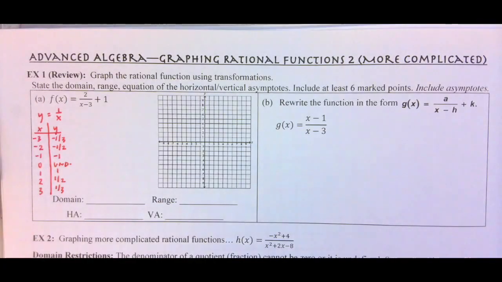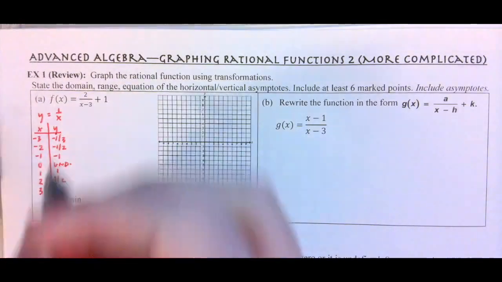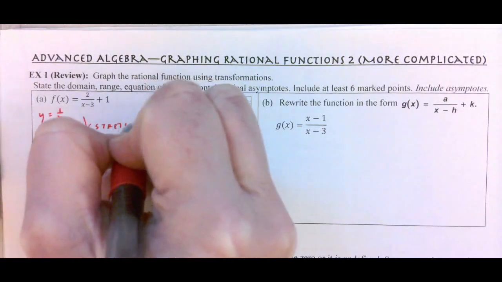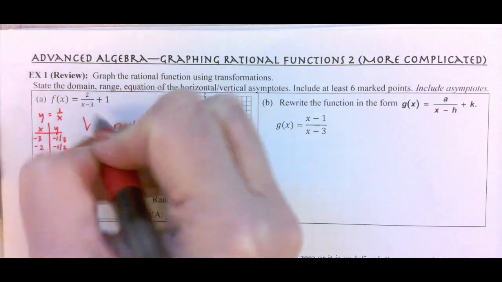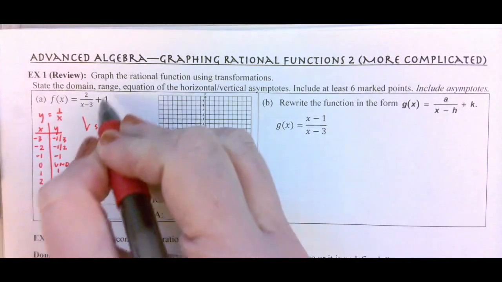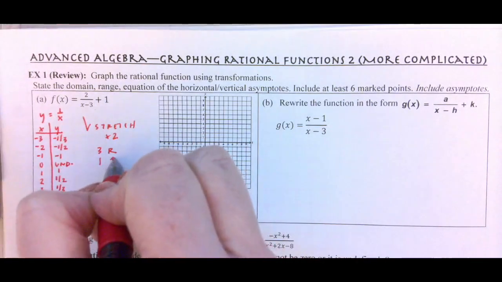Okay, if I look through the transformations, the 2 is a vertical stretch by a factor of 2, 3 units to the right, 1 up.